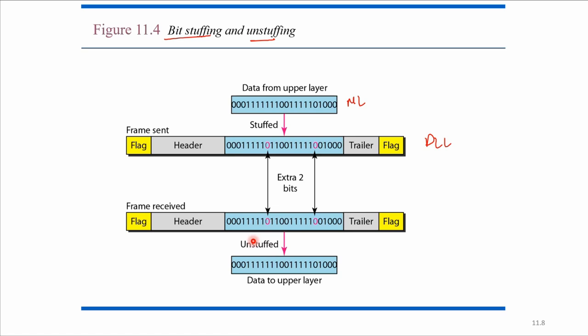While doing the unstuffing, the extra bits that were added are removed. Unstuffing helps remove the extra bits and identify the data part, and by adding extra zeros in stuffing it also differentiates between the flags and the data content. So this is bit stuffing and bit unstuffing. I hope you have got the point.